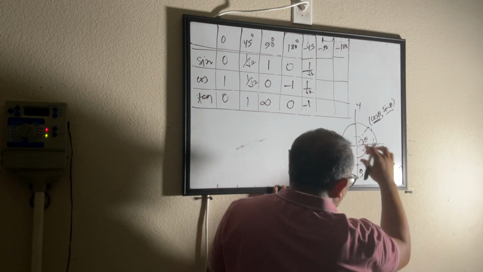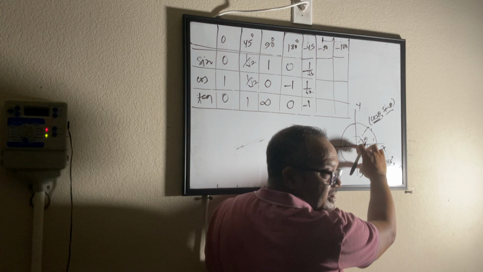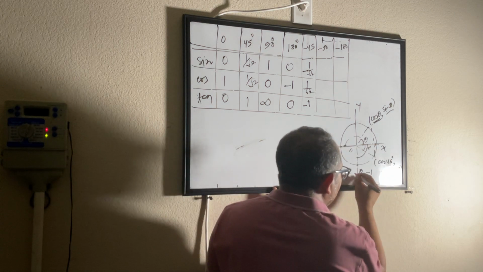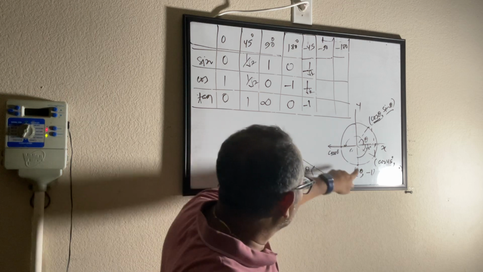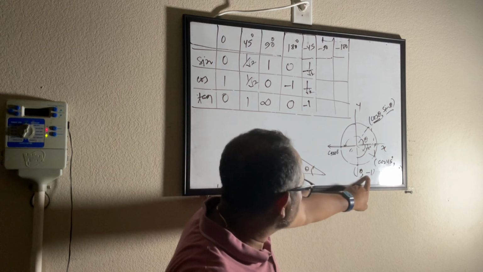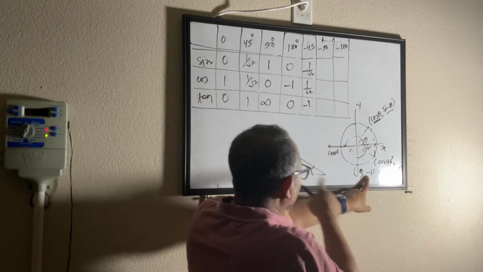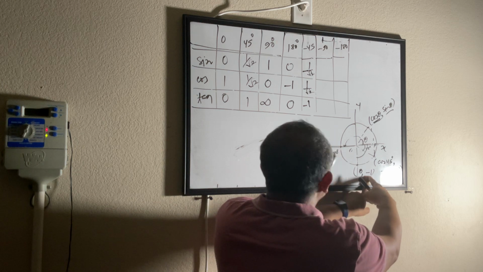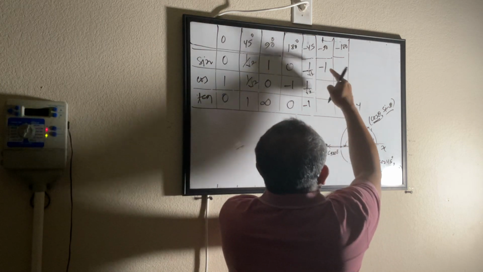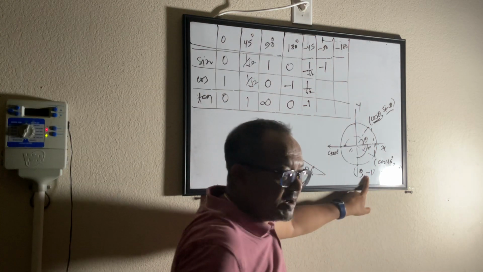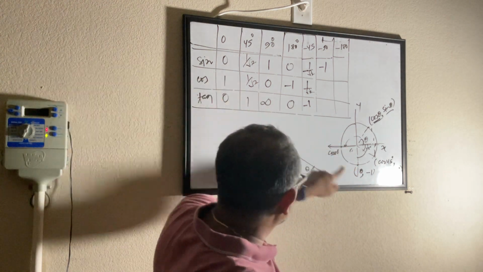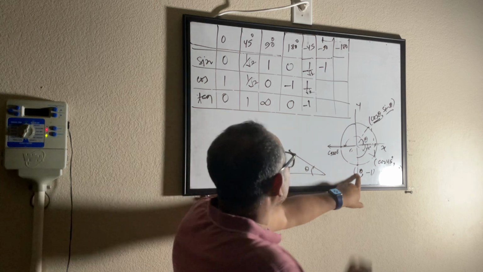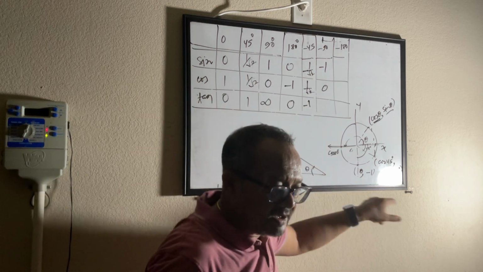Y coordinate is 1 because that is the radius of the circle, but with a minus. So now sine 90 is my y coordinate. My sine minus 90 is minus 1. Cos 90 is 0.